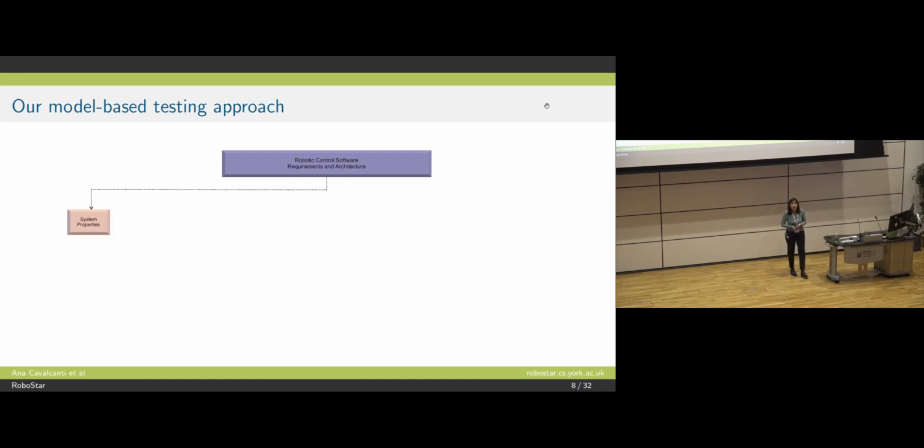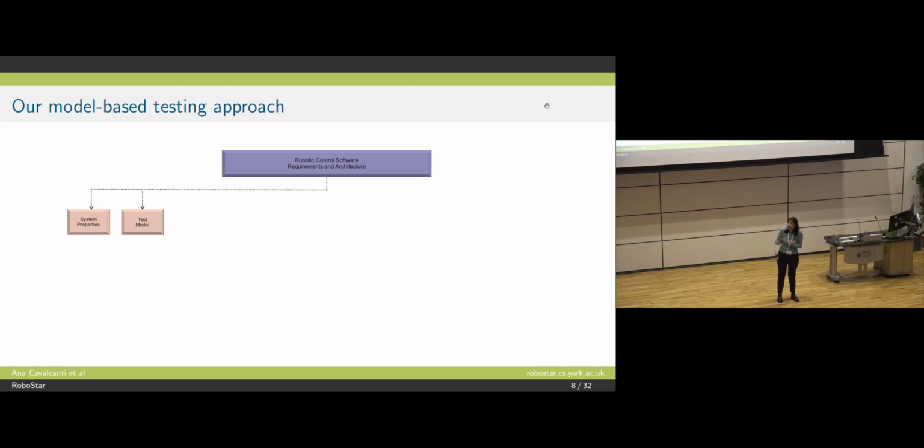From that document, you will perhaps carry out some hazard analysis, some risk analysis. You will come up with the system properties that you need to check. Right? And these properties may be described in English, but they may be described in a very precise mathematical way as well. You may come up with a test model in a separate piece of work that I'm not presenting today. We have an approach that helps colleagues to create this test model.